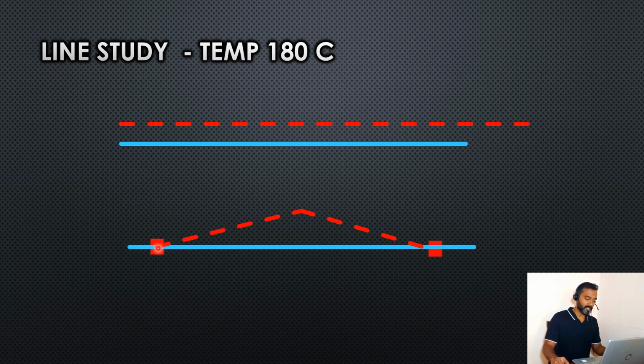So slowly what will happen? It will buckle actually. It will buckle over a period of time, and slowly, if the frequency of the buckling increases, because the line temperature goes at times to 80 degrees and 50 degrees, again it will go to 100 degrees and 125 degrees. So when the variation comes, slowly this will cause fatigue and permanent deformation, and the line will not come back to its original position.